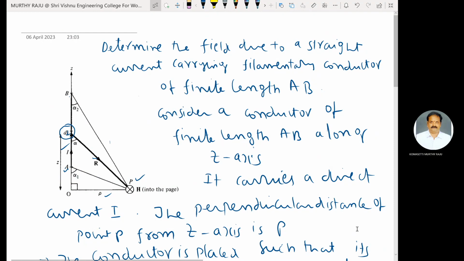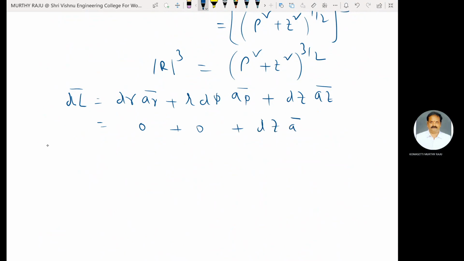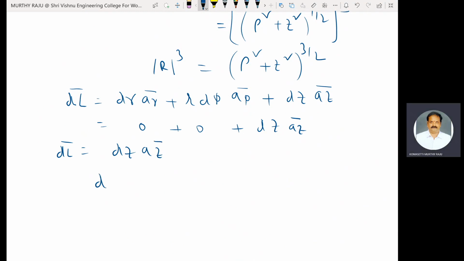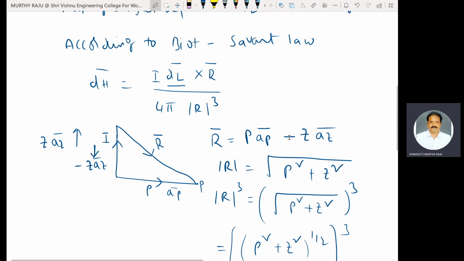Therefore the remaining terms are 0, so dl bar is equal to dz a z bar.